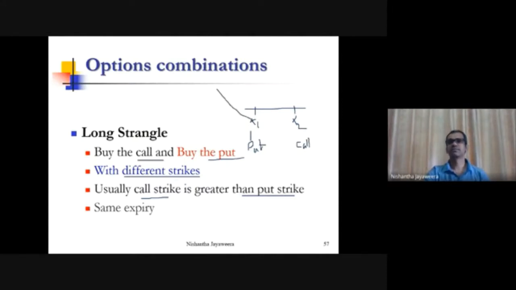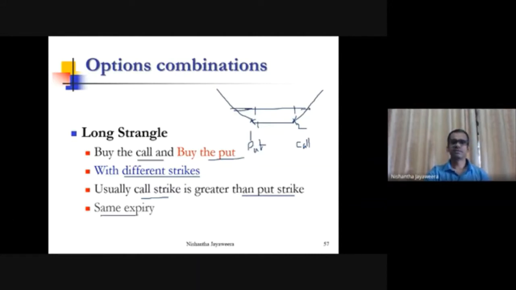Then the profit diagram would be something like this. These are the break-even points. But still the same expiry.